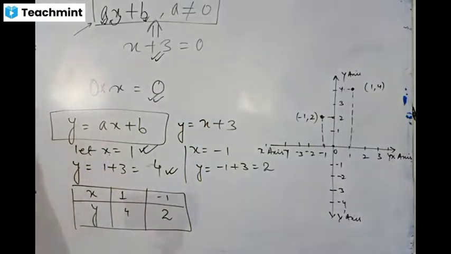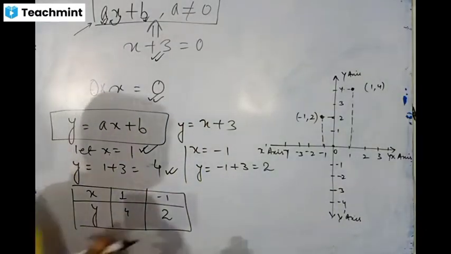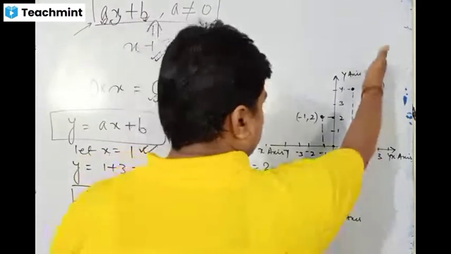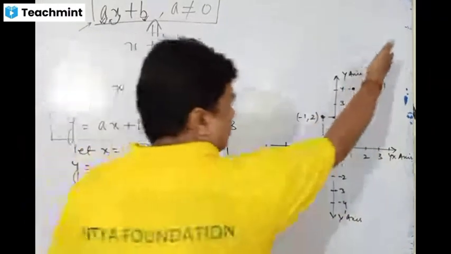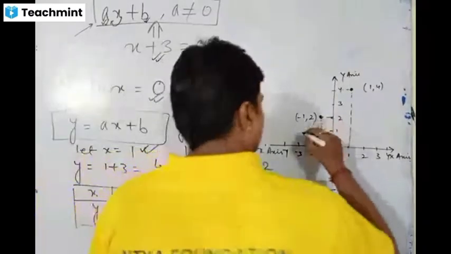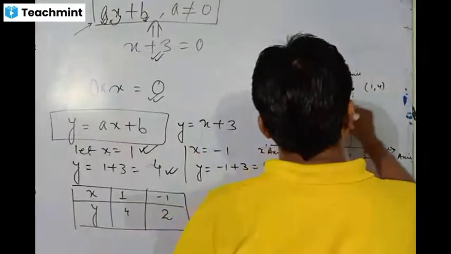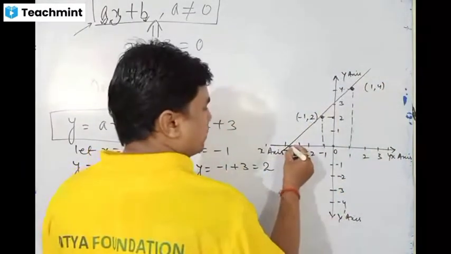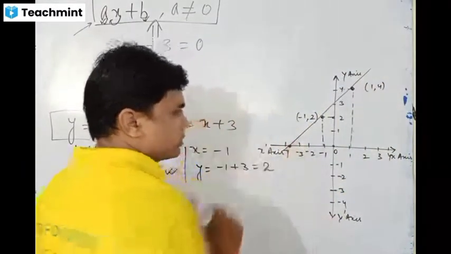Now you can see here that after using the scale, when you make it meet this point, it is easy to intersect at this point.